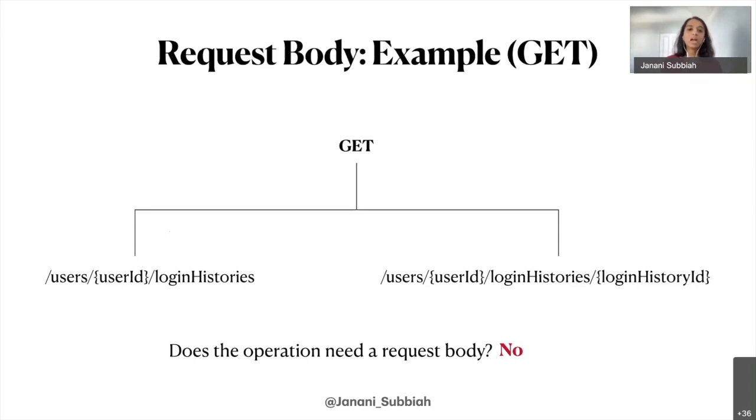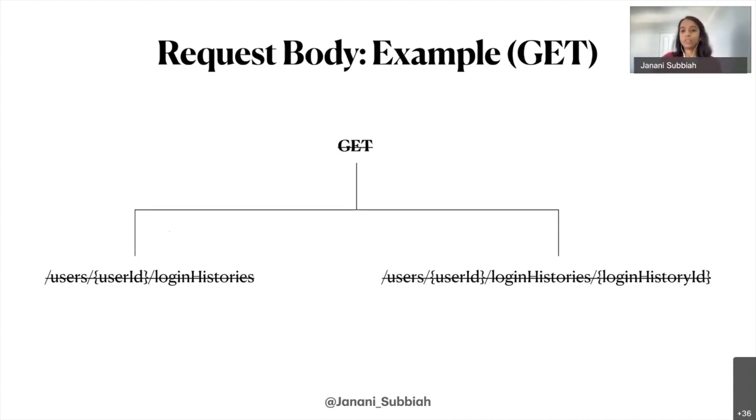And for the second one, I have the specific login history ID and say under the hood, that is how I'm storing them. And that is probably, if I get into storage, the primary key on my login history table. I'm going to say these things that are coming from the URI are sufficient for me to perform these requests successfully. So I'm going to say we don't need a request body for both the GET APIs.